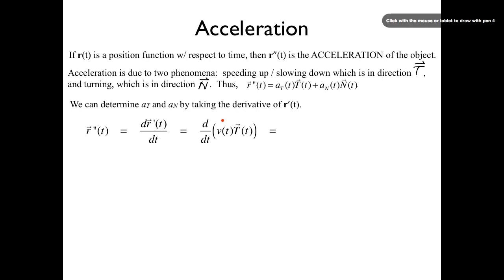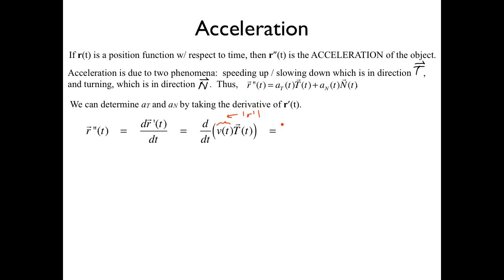So that's the speed function, the magnitude of velocity. If we just take the speed out and then multiply it back by the unit tangent, we get the velocity.